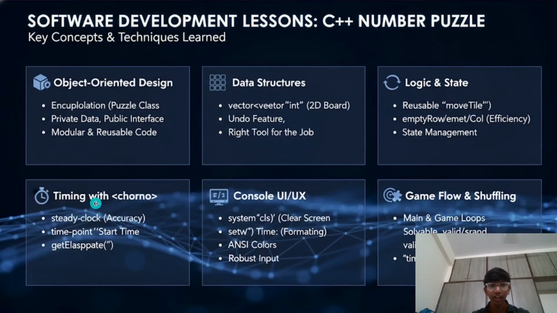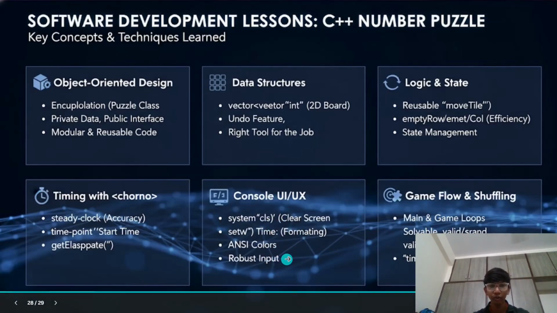The next thing is that I understand how to use chrono for measuring time. I also understand what the commands are that we have used, like the system clear command, the time formatting, how the ANSI codes, colors, and robust input work.